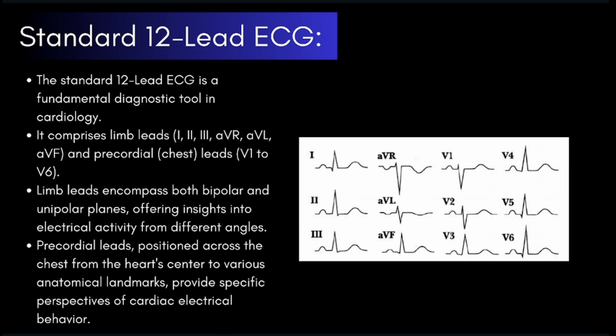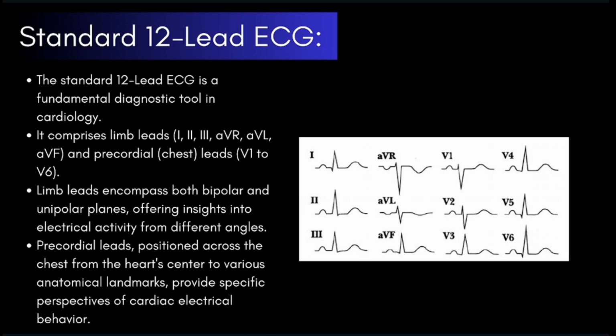Limb leads encompass both bipolar and unipolar planes, offering insights into electrical activity from different angles. Precordial leads, positioned across the chest from the heart's center to various anatomical landmarks, provide specific perspectives of cardiac electrical behavior.